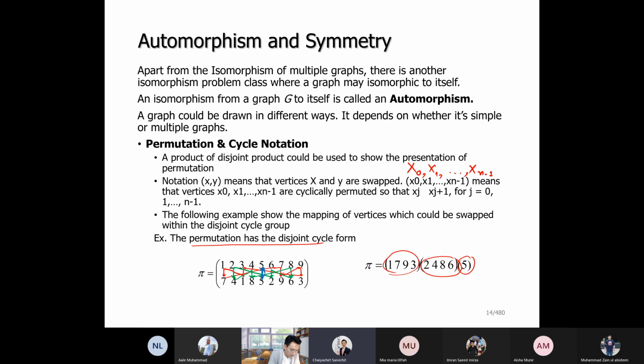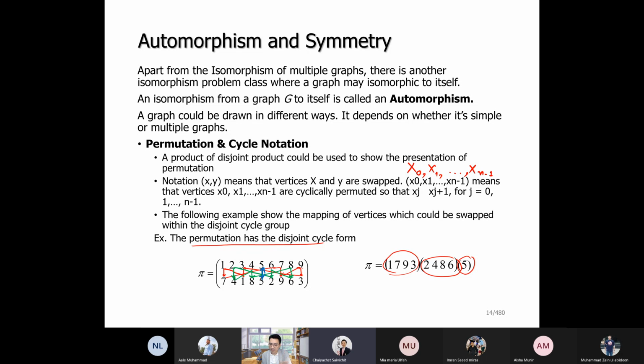For example, node label 1 in the original graph is replaced with 7 in the next graph, and 7 in the original graph is replaced with 9 in the new graph, and 9 in the original graph is replaced with 3 in the new graph, and 3 in the original graph is replaced with 1 in the new graph. So it'll be a cycle of 1793.